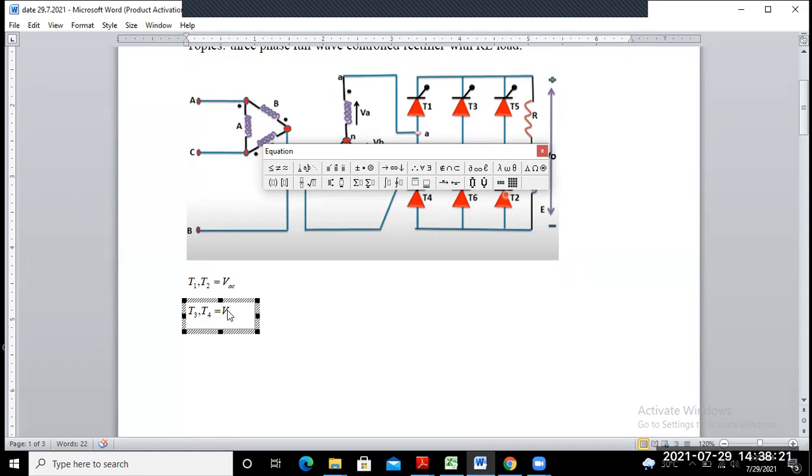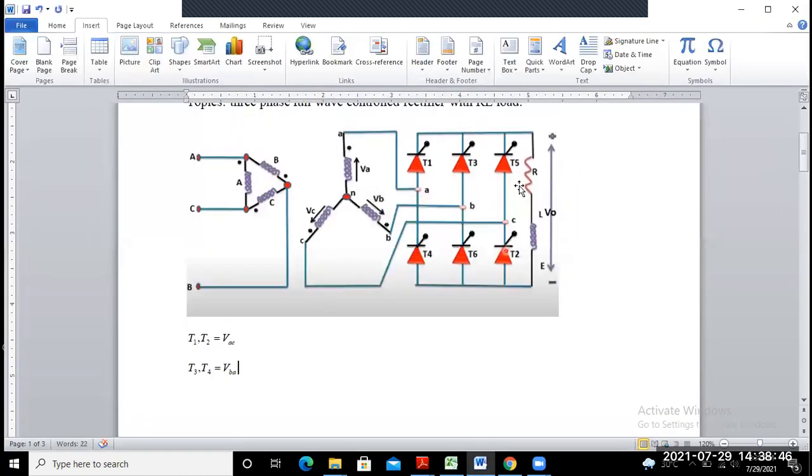That means B is your positive cycle thyristor and A is your negative half cycle thyristor. Here 3 is your positive cycle thyristor and 4 is your negative cycle thyristor. So this one is represented by VBA. Similarly, when thyristors 5 and 6 conduct, the voltage is represented by VCB.